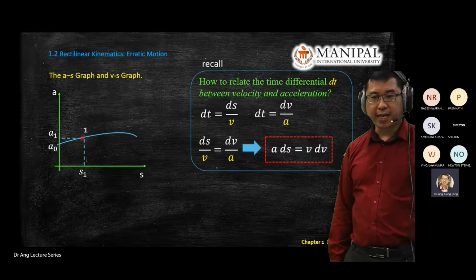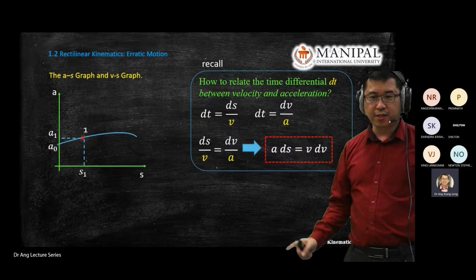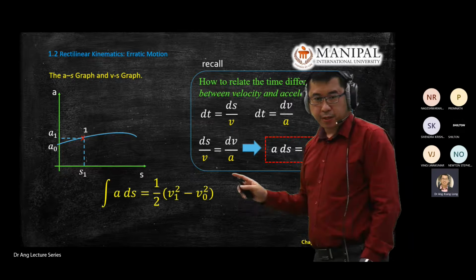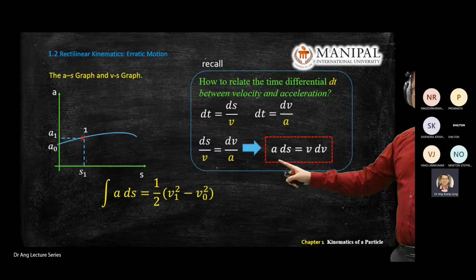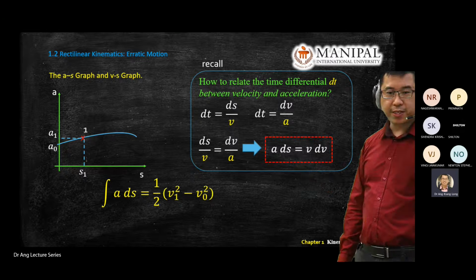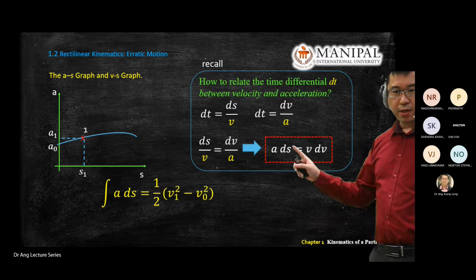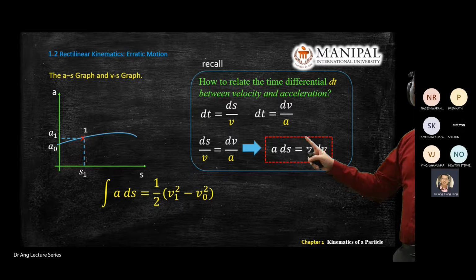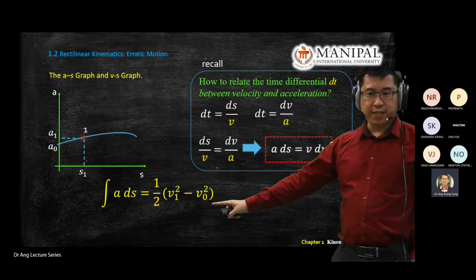we know that the next step is to use the integration procedure. So you see this equation that we derived previously. We will integrate this side and integrate this side, and you arrive at this equation.